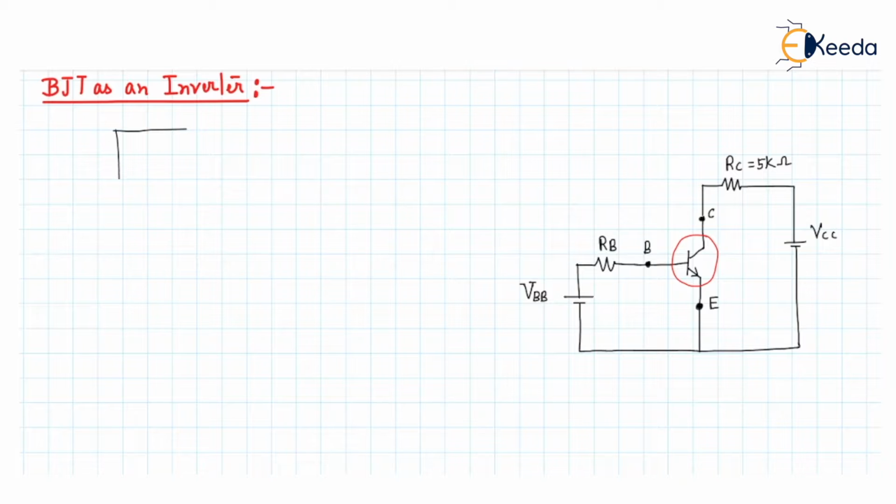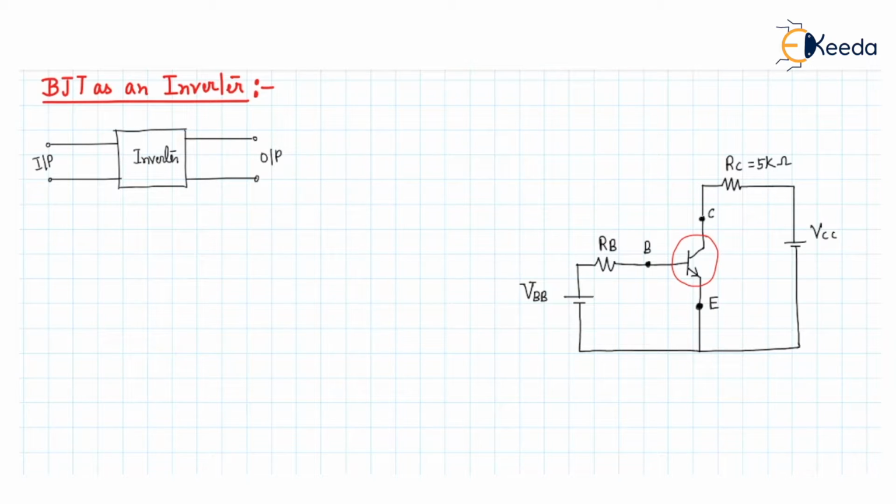draw a black box, an inverter, then it will have an output port, and this will be the input port, and this is the output.